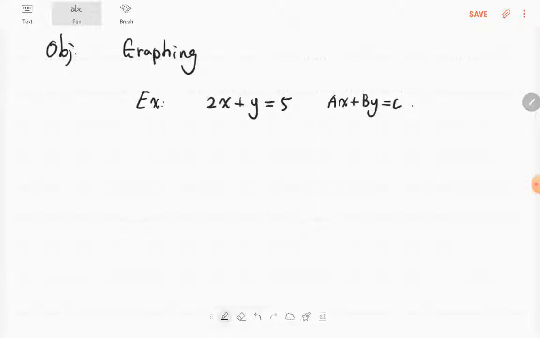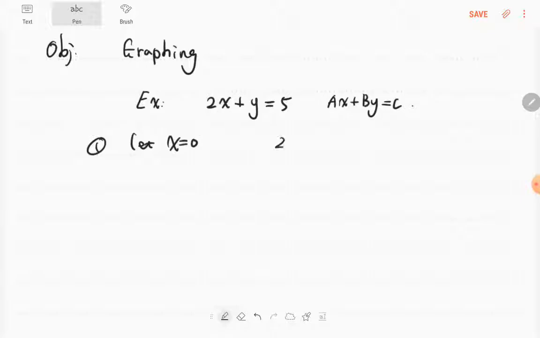We can try it together, but we prefer to pick a number that is easy to calculate. So first, let x be 0, then we use 0 to replace x and solve for y.